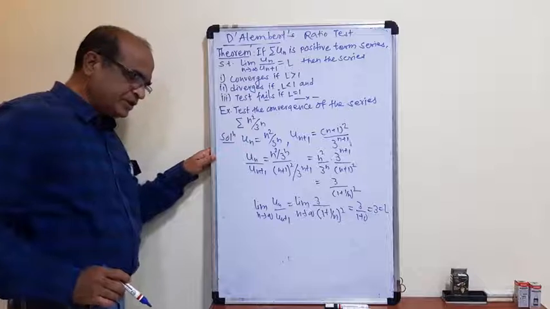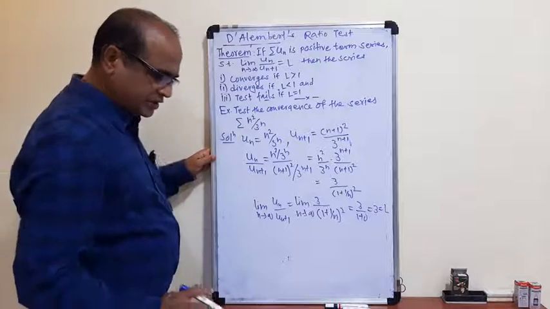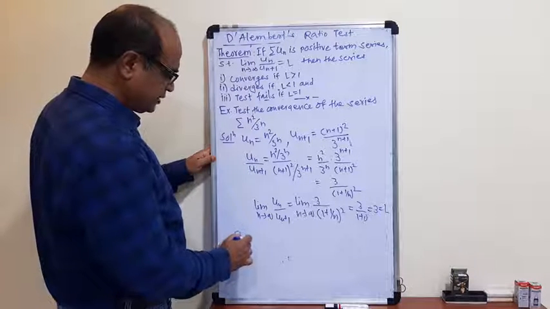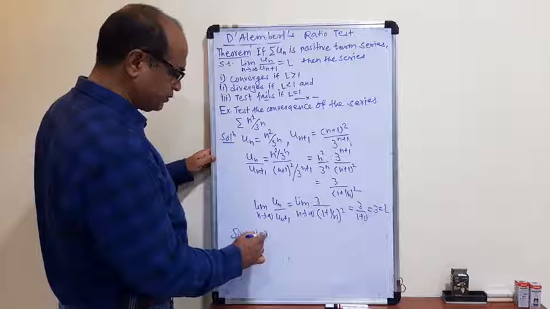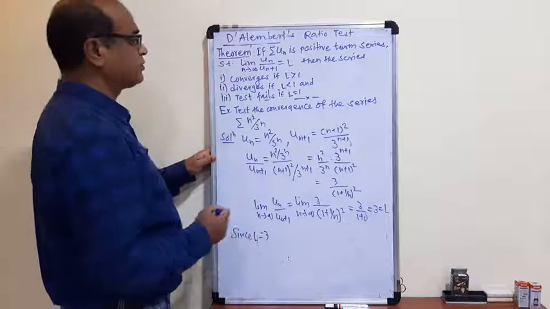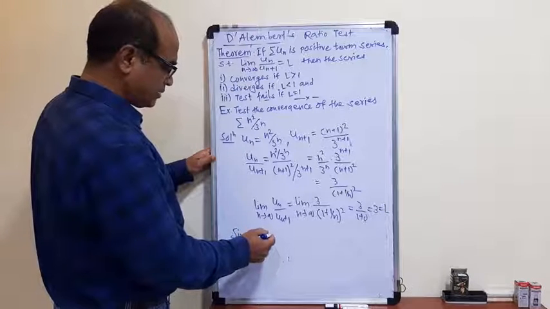So what is the convergence of that series by D'Alembert's ratio test? Since L is equal to 3, this is greater than 1.